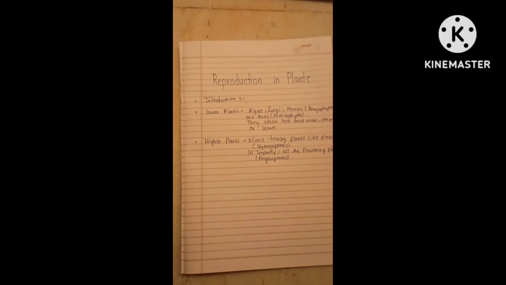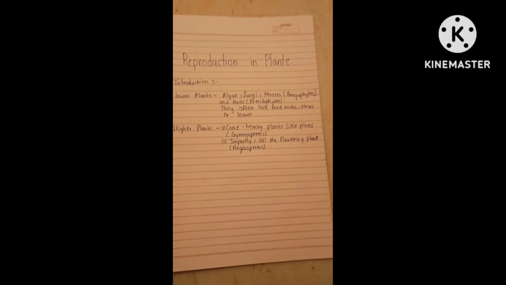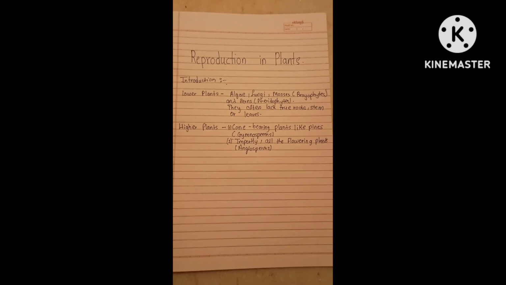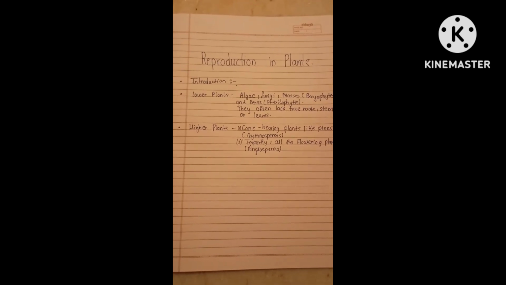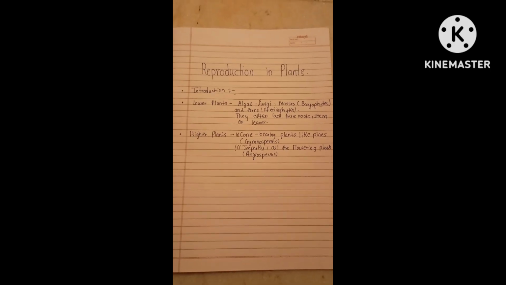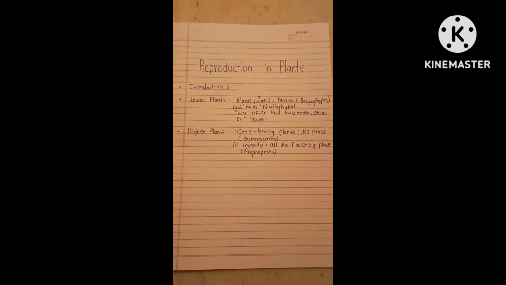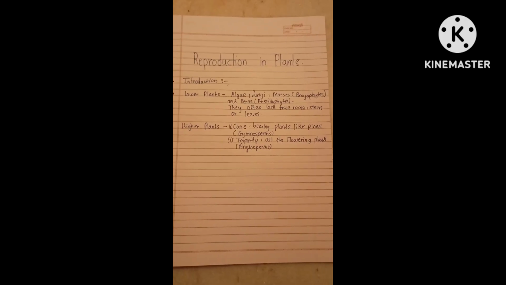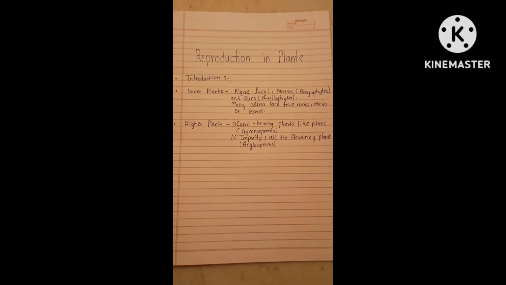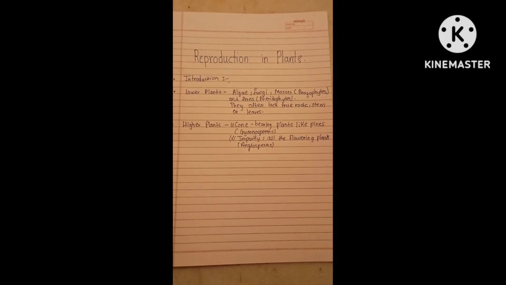And we see them every day, like in flowers. Do you all know what is the biggest difference in the reproduction? I think you don't know. Lower plants are often tied to water for reproduction, while higher plants have evolved to be water independent. Okay. Now I will teach you how they reproduce.